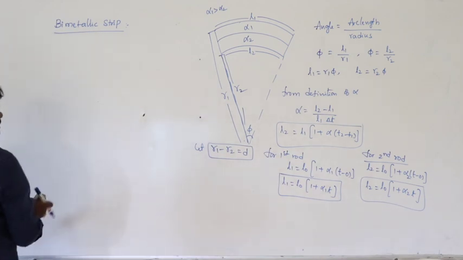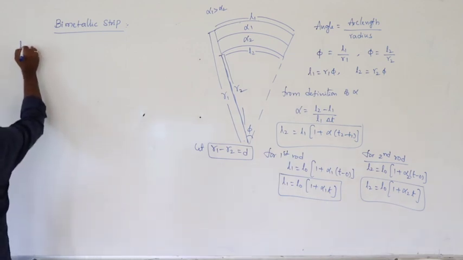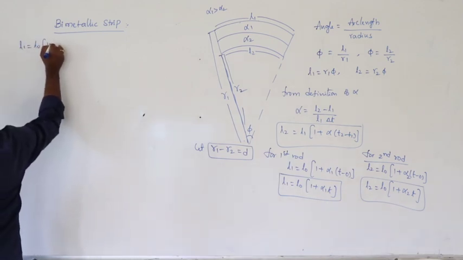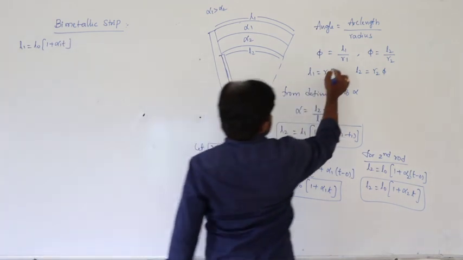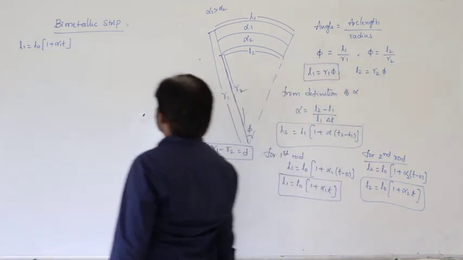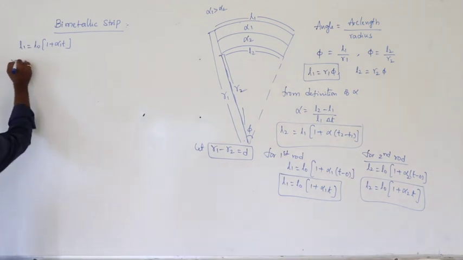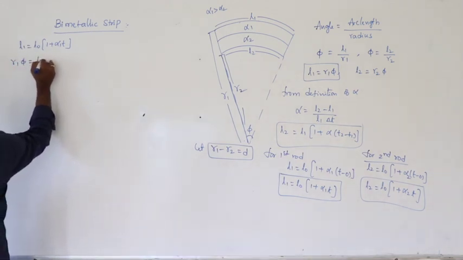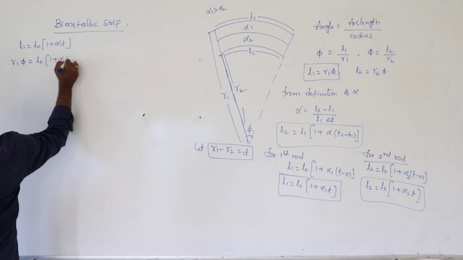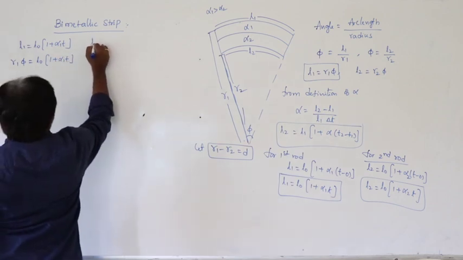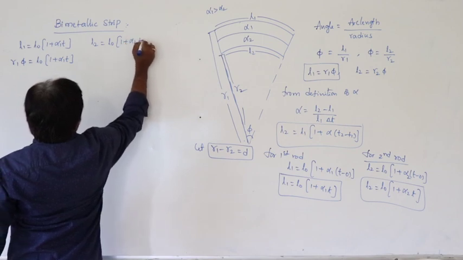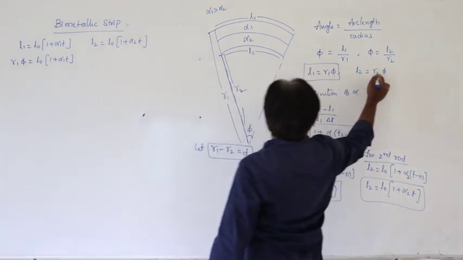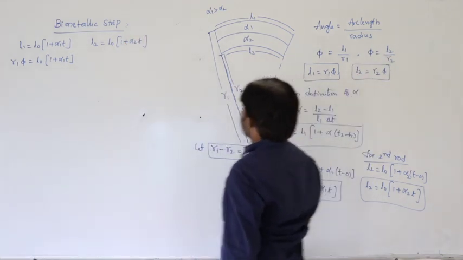So from this we can write L1 is equal to L naught into 1 plus alpha 1 t, but here L1 can be written as R1 phi. Therefore, R1 phi is equal to L naught into 1 plus alpha 1 t. Similarly, L2 is equal to L naught into 1 plus alpha 2 t, but L2 can be written as R2 phi.